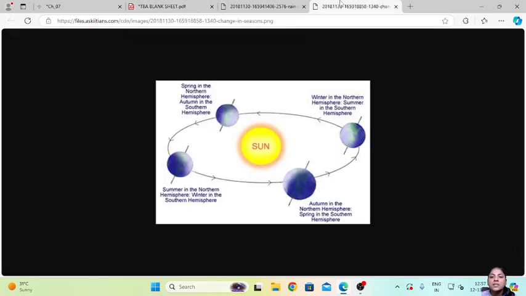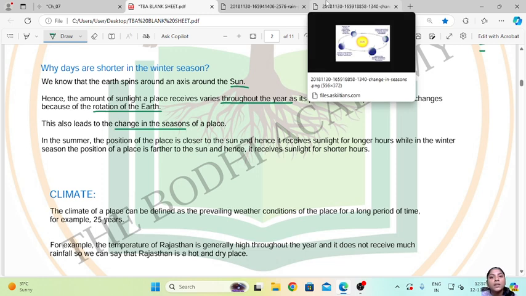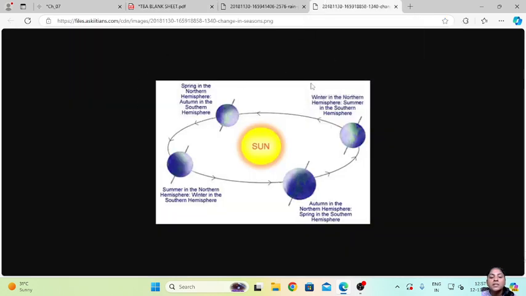As we can see here in this picture, as the earth rotates, the amount of sunlight a place gets will also change. This also leads to the change in season. Whatever different seasons that we have, summer, rainy season, winter and spring, it is all because of the rotation and the position of the earth with respect to the sun.